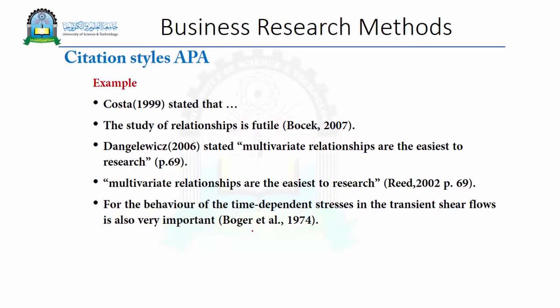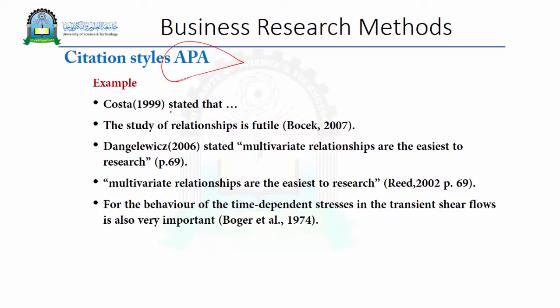Then the researcher, while writing, needs to follow a citation style. We mostly in business administration follow the APA, the American Psychological Association style in citation, in which we need to cite inside the text, and also we collect all the references at the end of the research work.